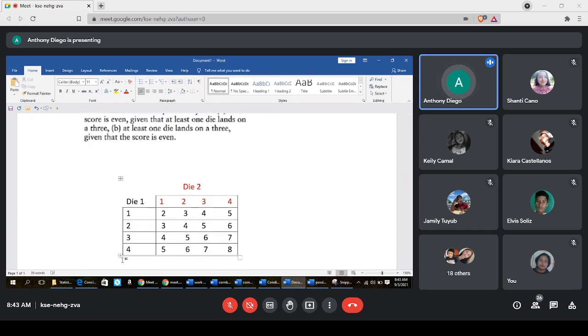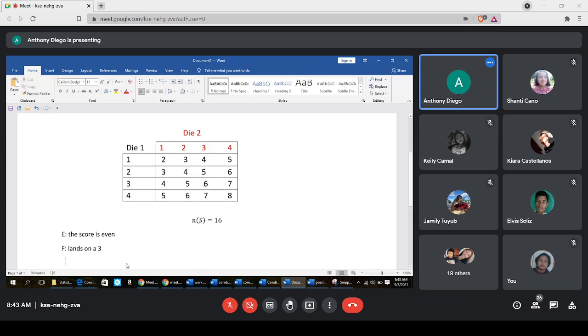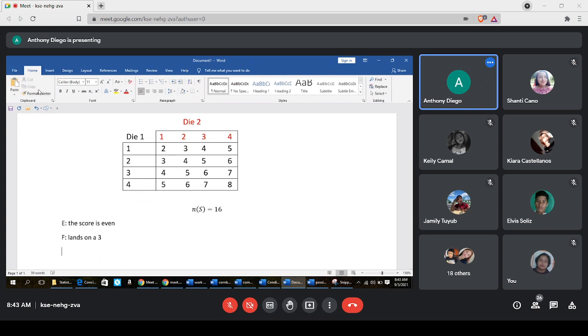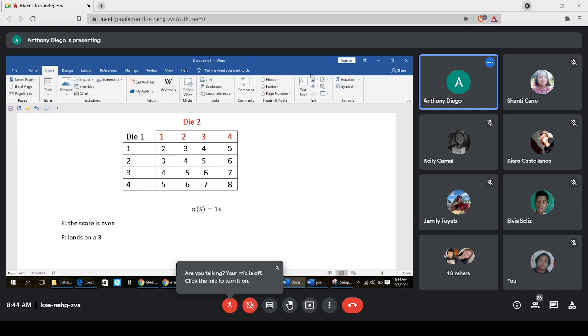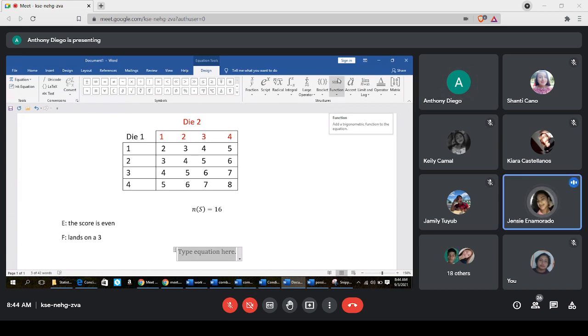So how can we write our formula in terms of those two events, E and F? Using the multiplication rule, sir?